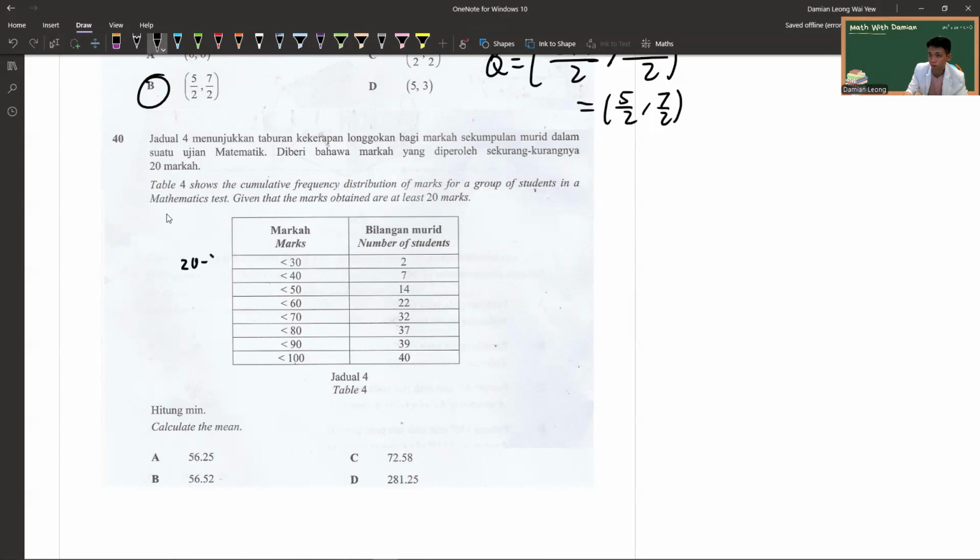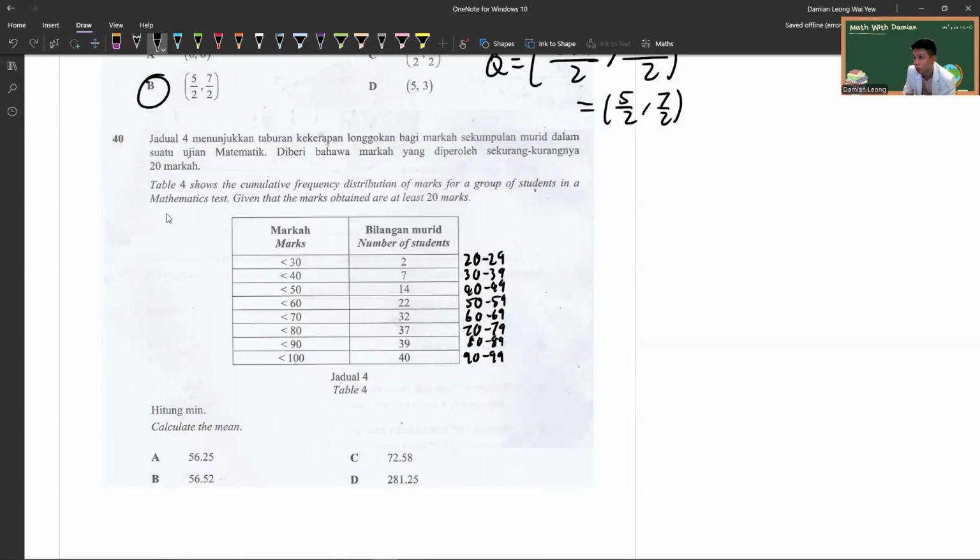From 20 means I can form a frequency table with group intervals 20 to 29, 30 to 39, 40 to 49, 50 to 59, 60 to 69, 70 to 79, 80 to 89, and 90 to 99, using the cumulative frequency here.